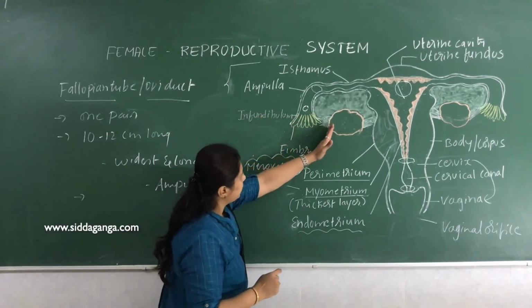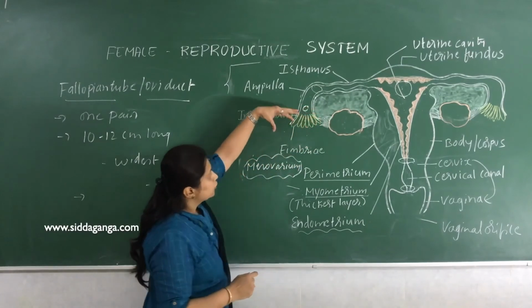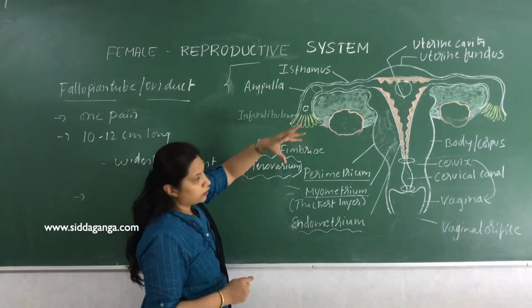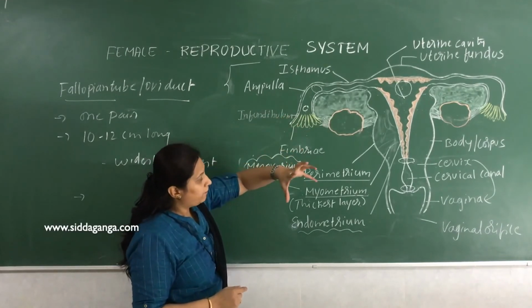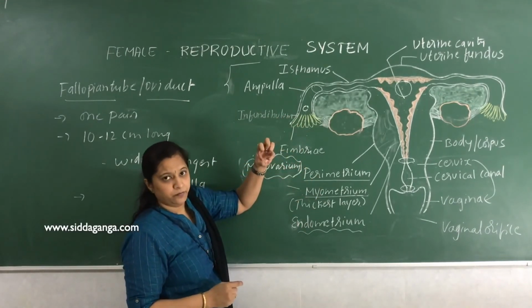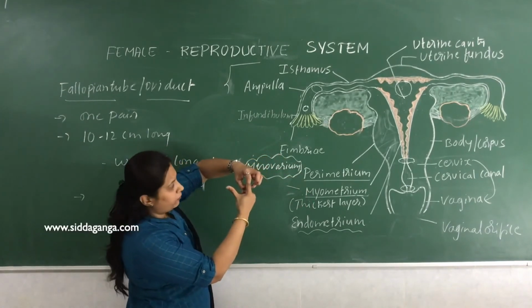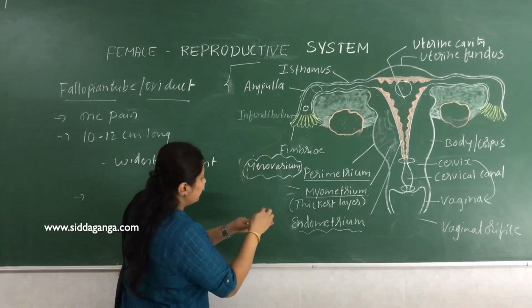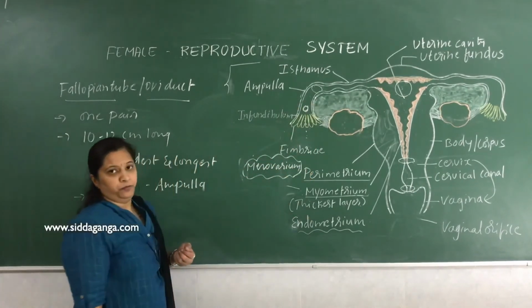So once the secondary oocyte is released after ovulation, the fimbriae, the finger-like projections seen at the edge of the infundibulum, pick up the secondary oocyte. Once it is picked up by the fimbriae, it enters the fallopian tube through the ostium.